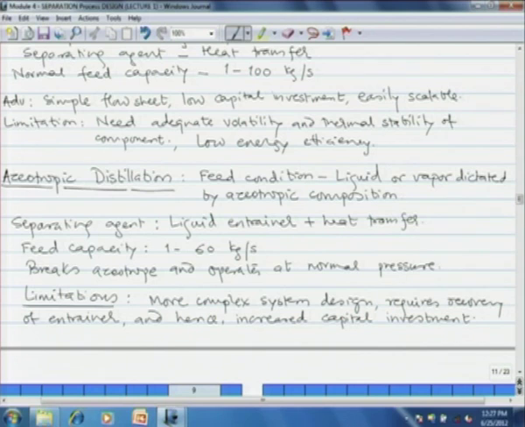Now, the feed condition for azeotropic distillation has to be either liquid or vapor, which is dictated by the azeotropic composition. The separating agent is a liquid entrainer plus heat transfer. So, you have to add an entrainer which forms a temporary complex with one of the components, and then that complex has a relative volatility greater than 1 with the other component, and then you can achieve the separation.